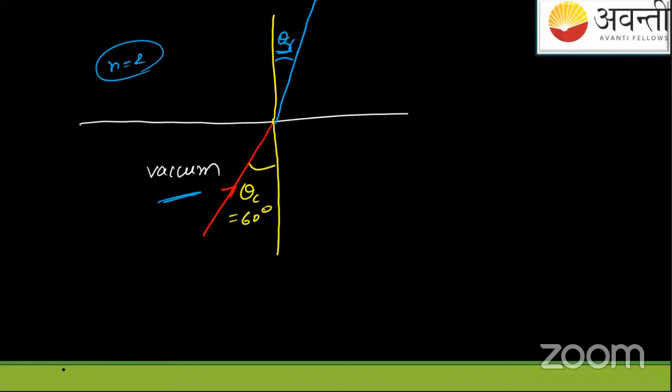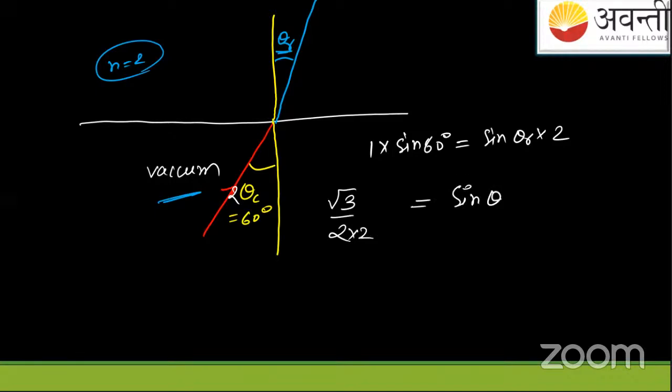Fine. So when we solve this, you'll get 1 into sine of 60 degree equals 2 into sine theta r, where 2 is the refractive index of the medium. Sine 60 degree is root 3 by 2, and upon 2, this is sine theta r.